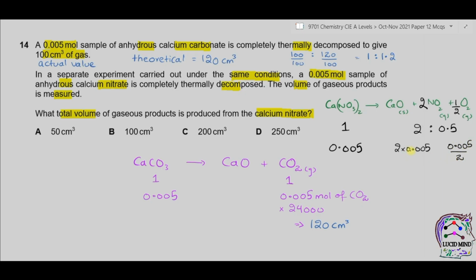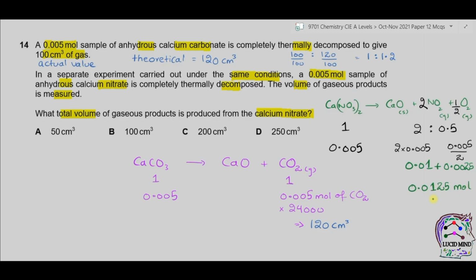This one comes equal to 0.01 and this one comes equal to 0.0025. So now the total number of moles of gaseous product formed will be, we can add them together. So therefore it will be equal to 0.0125 moles.